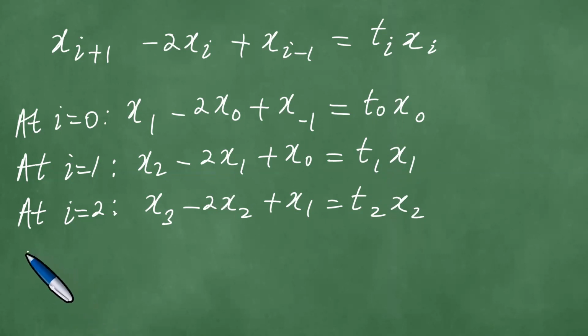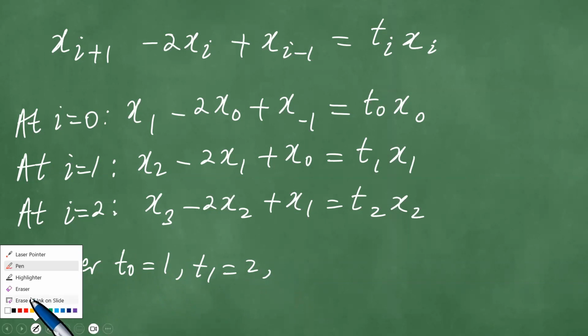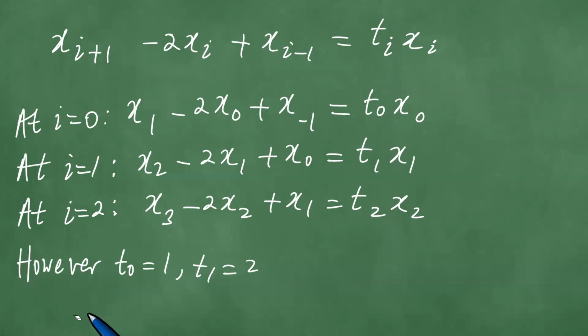However, t0 is 1. T1, you just add 1 to this, you get 2, because h is 1 in this question.